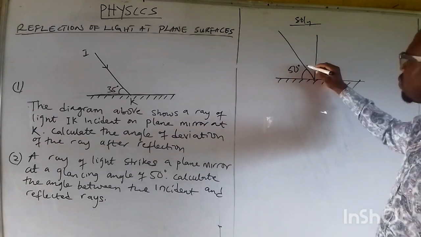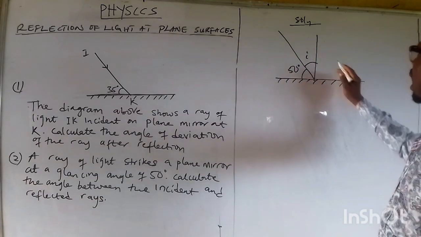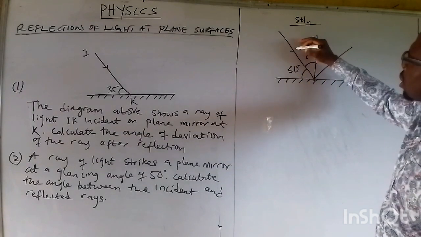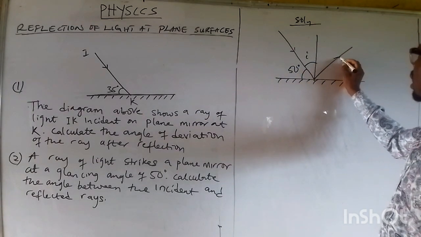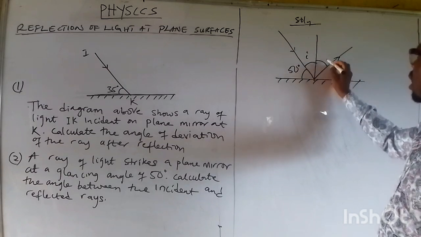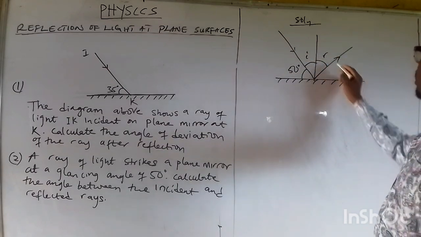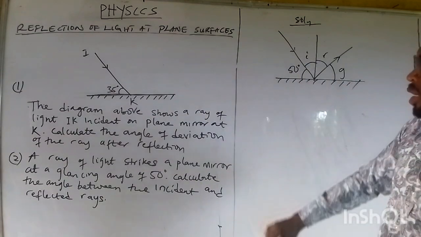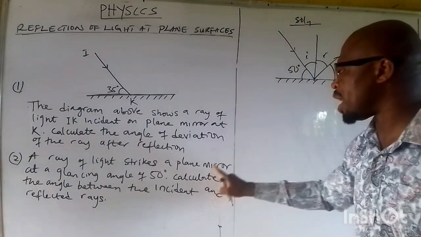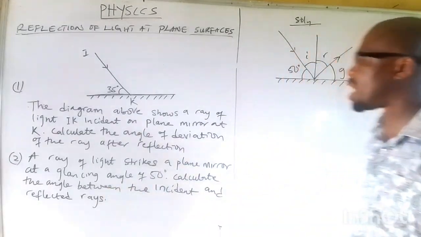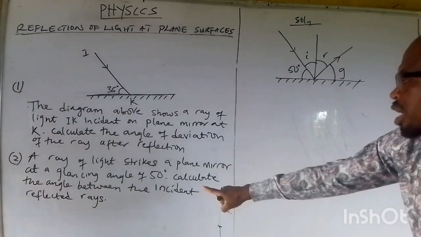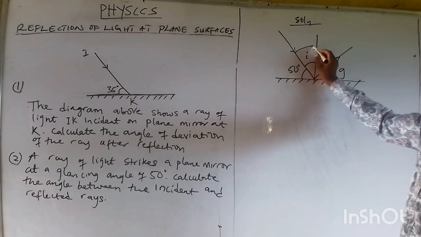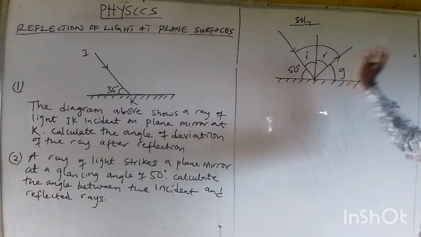Now, if here is 50 degrees, remember, when here is incident, this side is reflected. Here is our R. This side is the glancing angle. The question is to calculate the angle between the incident ray and the reflected ray. That means the angle they want us to find is just here, from here to here only.